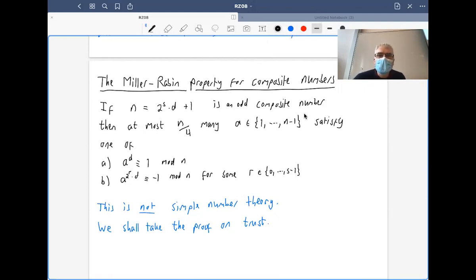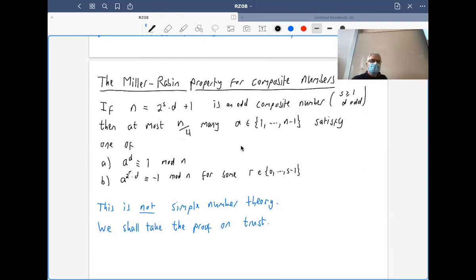I should clarify here, s is greater than or equal to 1, and d is odd. Any odd number splits uniquely into this form, and we can compute it efficiently.